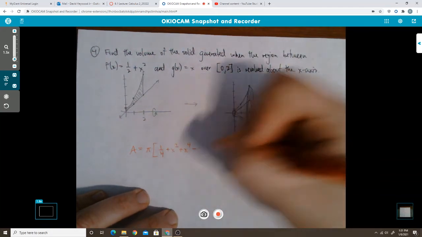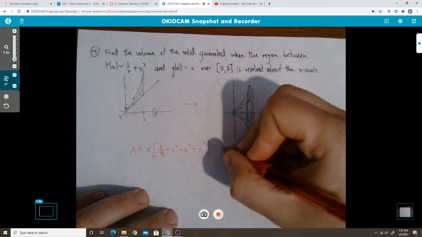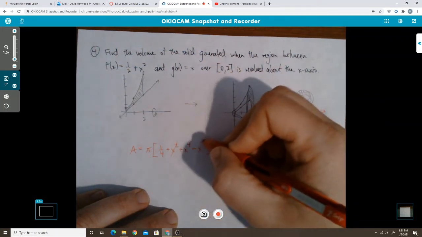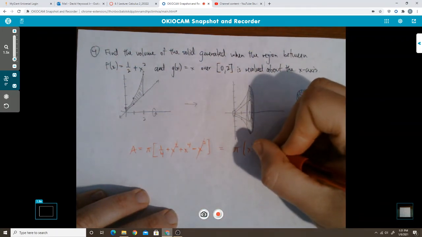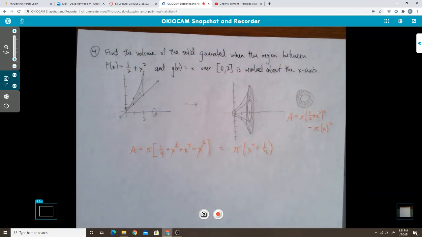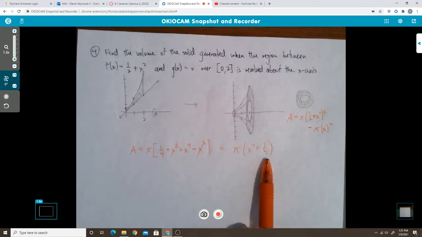And then you're going to subtract off another x squared. Oh, that's pretty nice, actually. So this gives you pi times x to the 4th plus 1/4. So each cross-sectional washer is going to have area pi times x to the 4th plus 1/4.